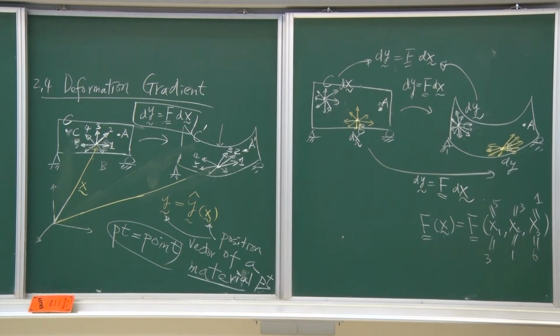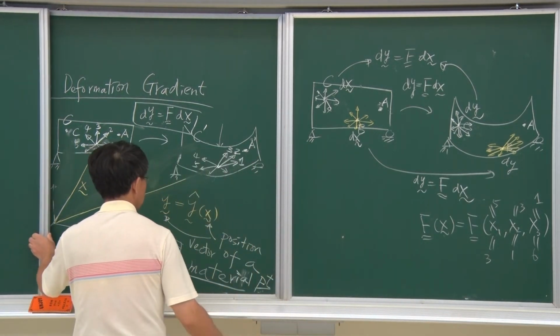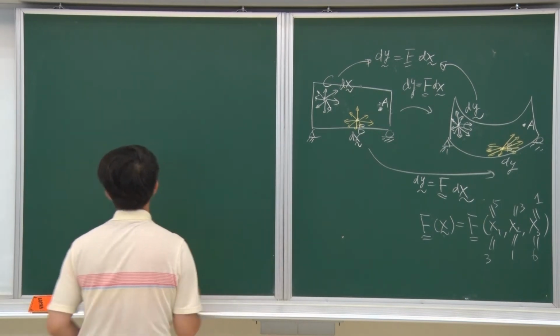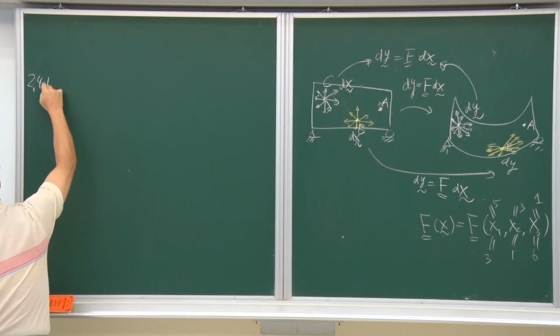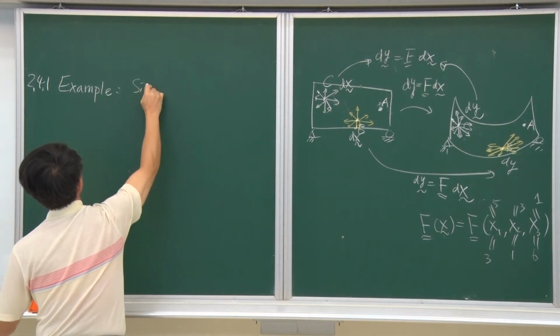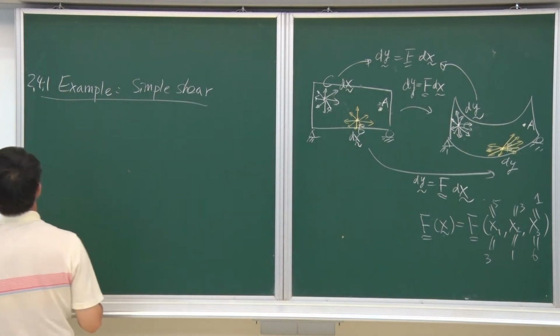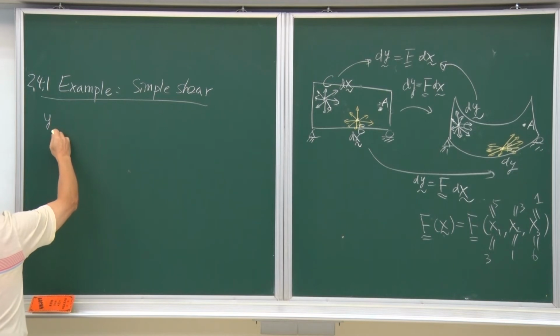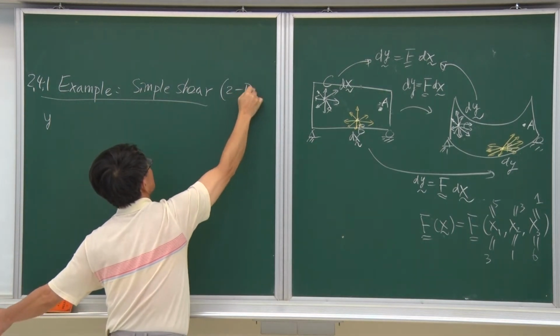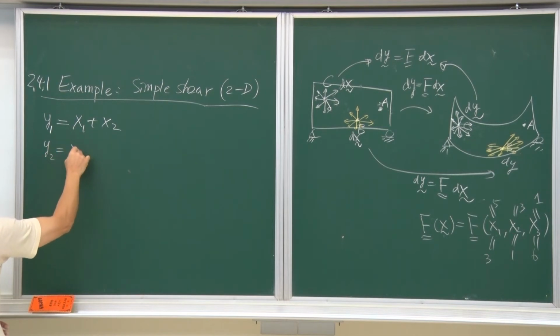Okay, let me show you an example here. Simple shear, the 2D case. y1 equal to x1 plus x2, y2 equal to x2.